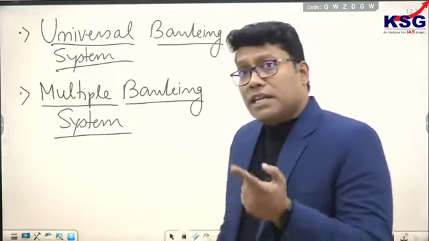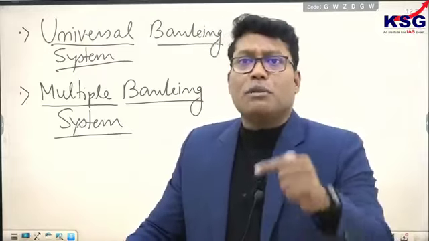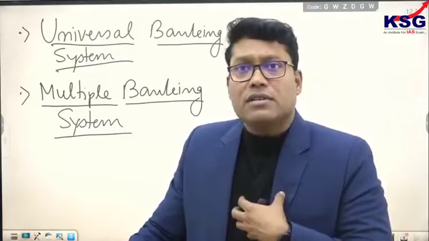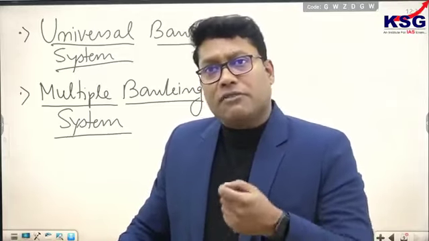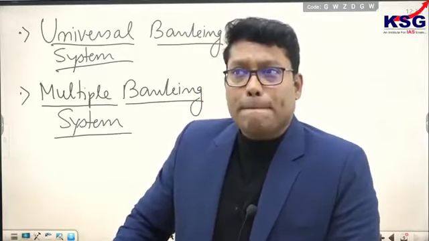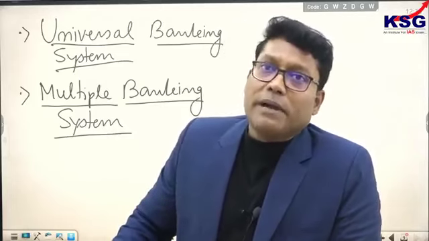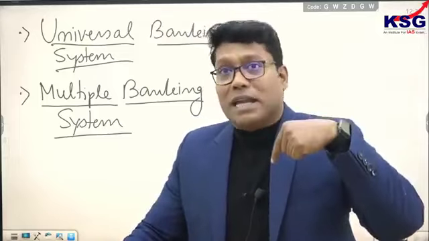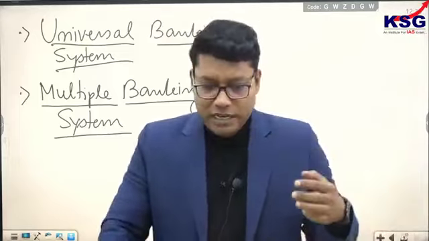If you take the multiple banking system, then there are always transactions going on from one bank to another bank. Suppose I have an SBI account and I give you 10,000 rupees through a check payment. I give you a check of SBI bank, and you deposit this check to your bank, suppose it's PNB. Now your PNB bank is going to claim from my bank. So transactions go on between these two banks. Under the multiple banking system, transactions go on among the banks.